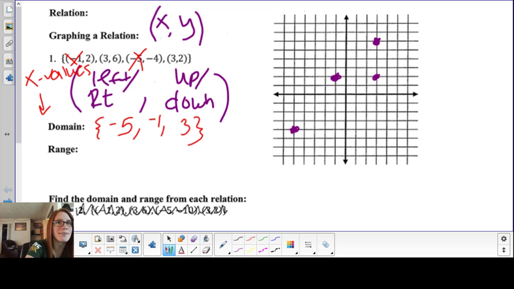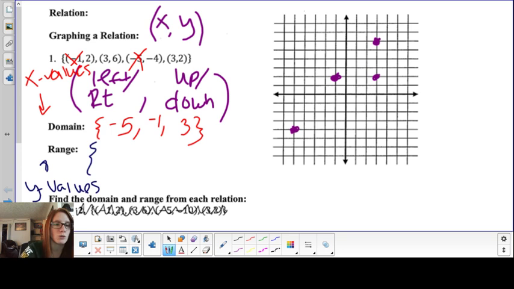Alright, if the domain is my x values, then the range is my y values. Again, we're only going to write them once, so even if they're there multiple times, just one time. And also, we're going to write them smallest to biggest.